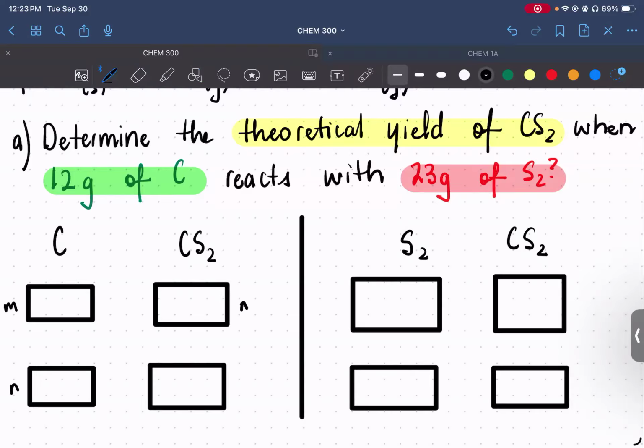Mass, moles, mass, moles, mass, moles, mass, moles. I'm just writing up the roadmap now. Don't forget it. A copy of it is on the board. I'm just kind of drawing that chart in.